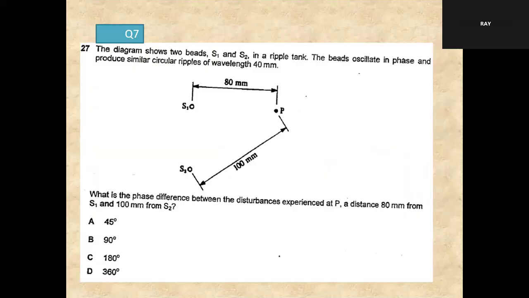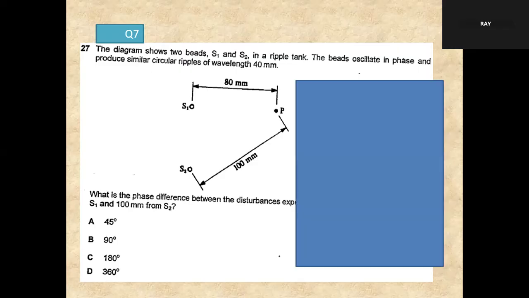Try this one. Same idea. Find the path difference. 100 minus 80 is 20 millimeter.